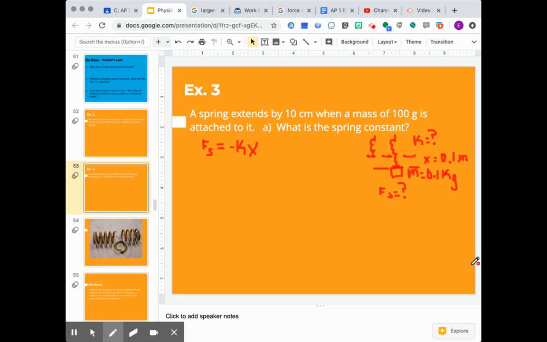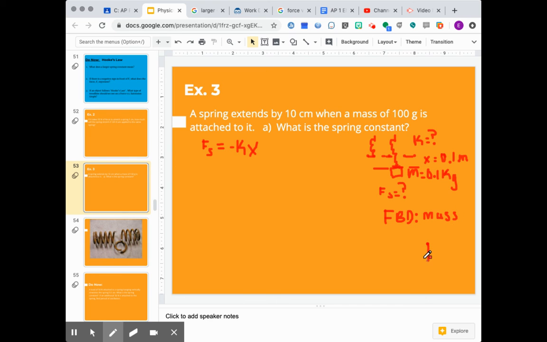So if we remember from Tuesday, to determine that restoring force, when we're given the mass, we can use what we know about Newton's second law. Once that mass is applied to the spring, we know that it comes to rest. If it comes to rest, that means that all the forces are balanced.